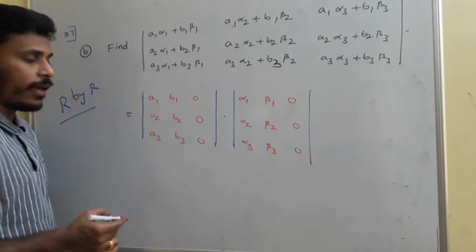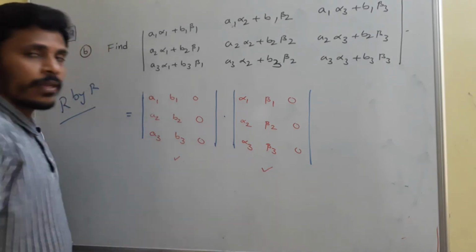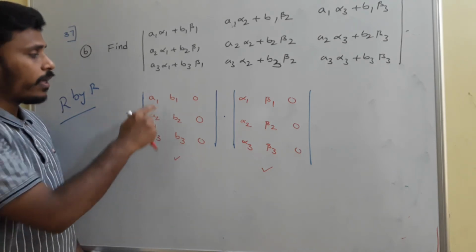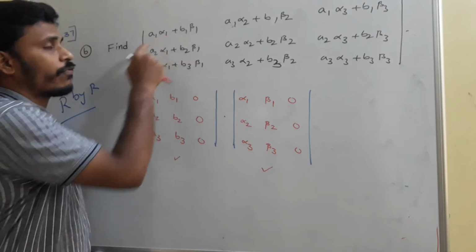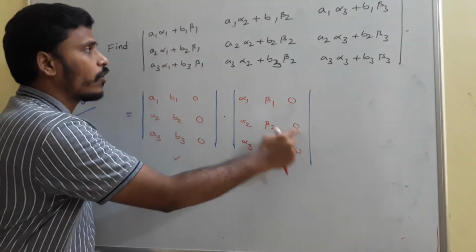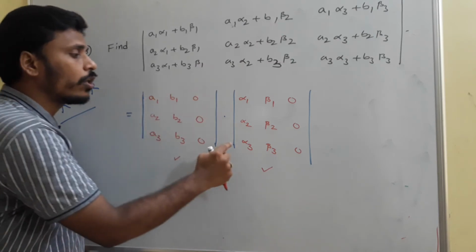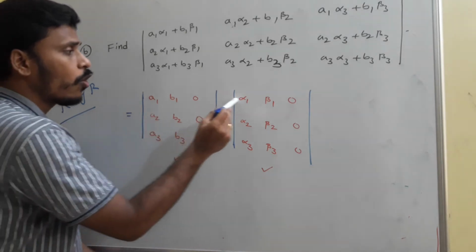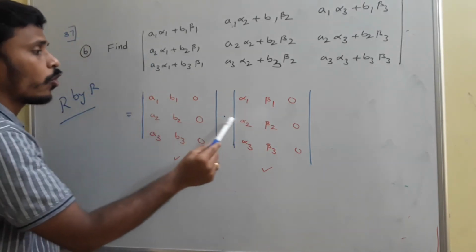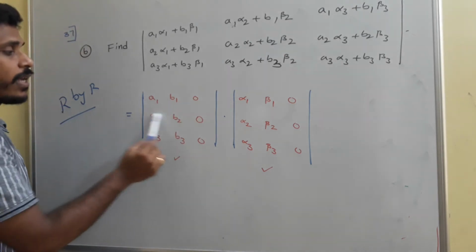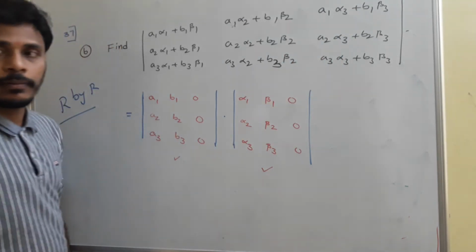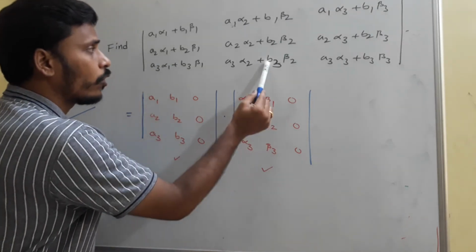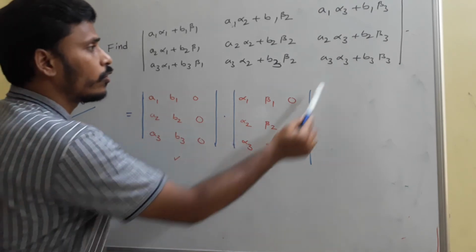Just look there. If you take these two determinants and multiply them row wise, that means multiplying first row with first row gives the 1 1 element, first row with second row the 1 2 element, first row with third row the 1 3 element, and then second row with first row the 2 1 element, second row with second row the 2 2 element, second row with third row the 2 3 element, and then third row with first row the 3 1 element, third row with second row the 3 2 element, third row with third row the 3 3 element.